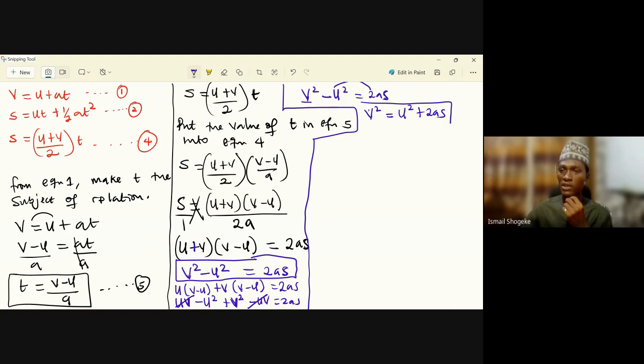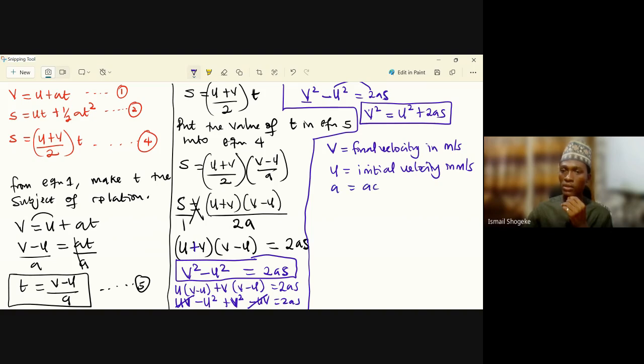Now this gives the third equation of motion, where V is our final velocity in meters per second, U is our initial velocity in meters per second, A is our acceleration in meters per second squared, and S is our distance, not speed, distance in meters.